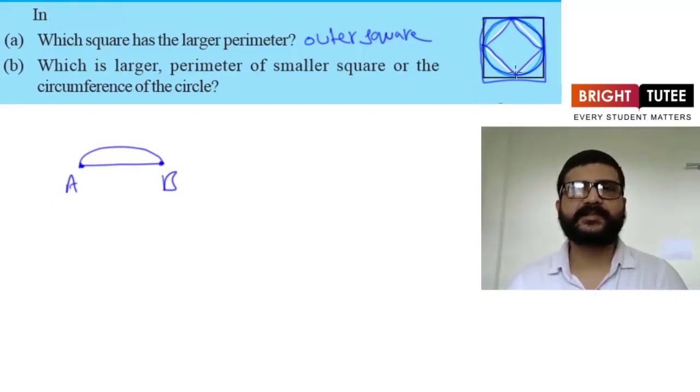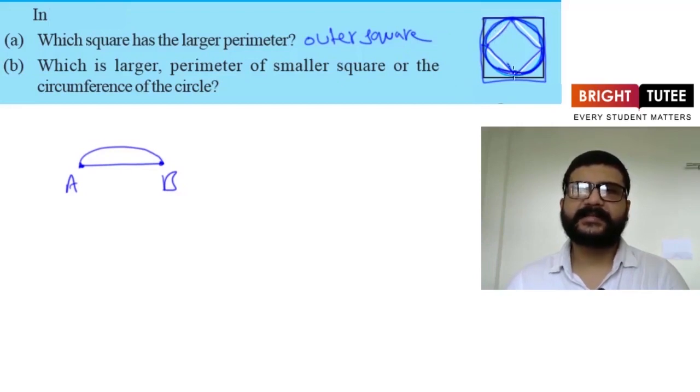So therefore, in this case also we can divide the circumference of the circle into 4 parts. It will be like this, and then from here to here, and then like this, and then like this. So this is how the circumference of the circle has been divided into 4 portions.